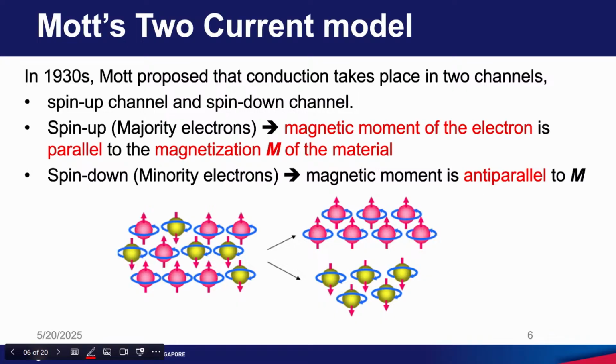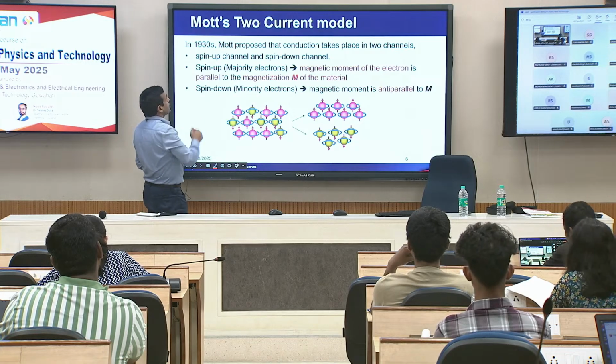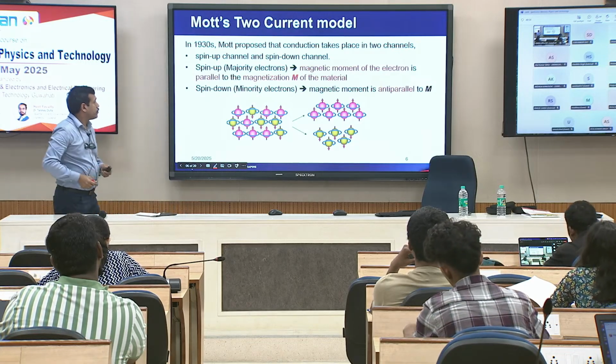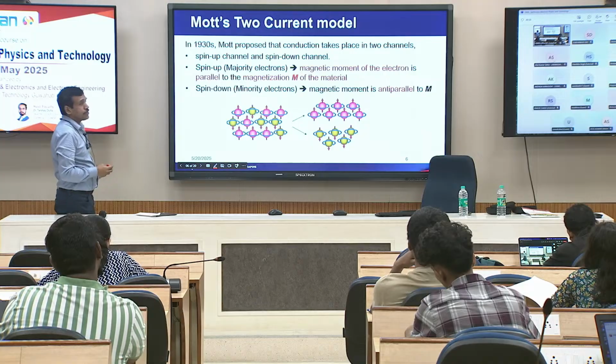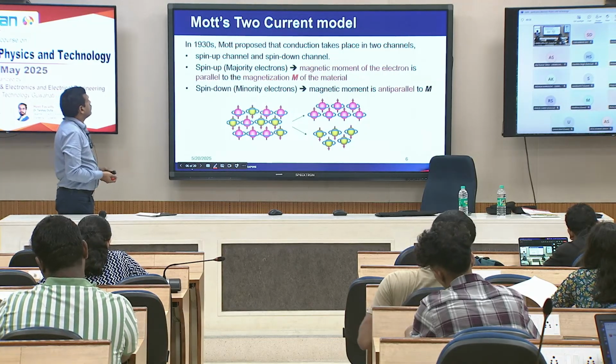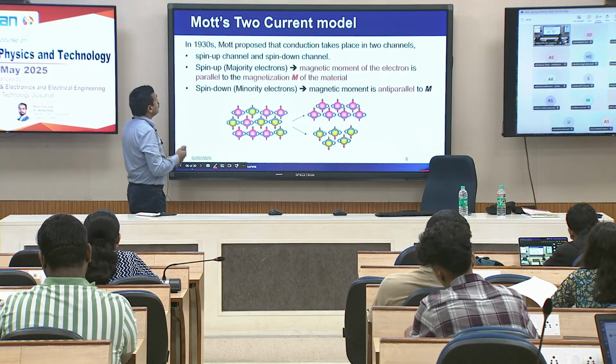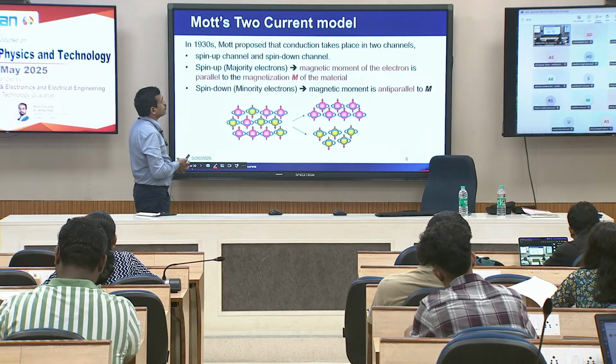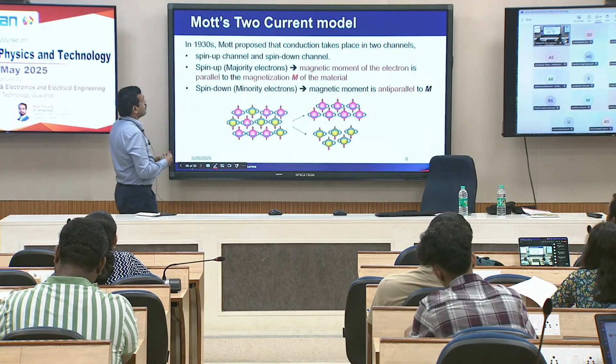Okay. So, to understand the magnetoresistance and the GMR phenomena that we are going to learn, we need to understand this two current model proposed by Mott in the 1930s. Okay. So, in the 1930s Mott proposed that the conduction takes place in two channels.